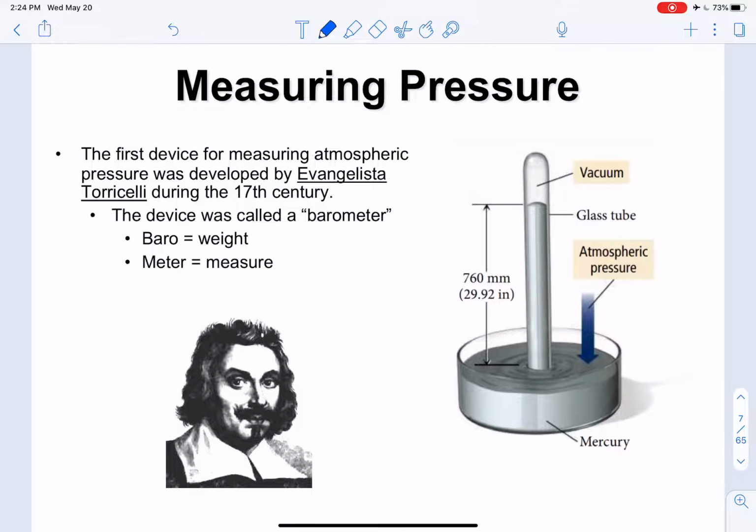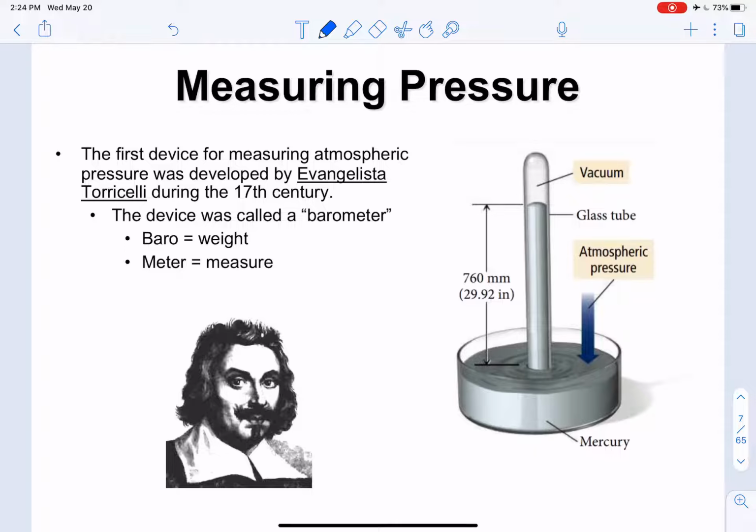So we just talked about the units of pressure, but how did we figure this out? Well, there is this guy named Evangelista Torricelli, and he lived during the 17th century. Now, the 17th century is not the 1700s. The 17th century is the 1600s. I know that sounds really weird, but that's just how it works.